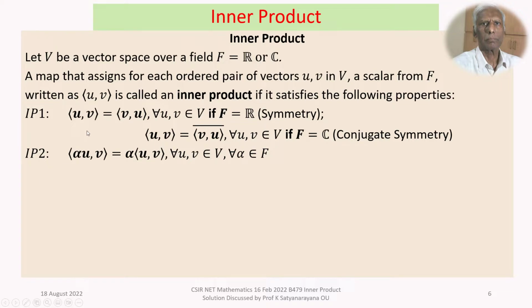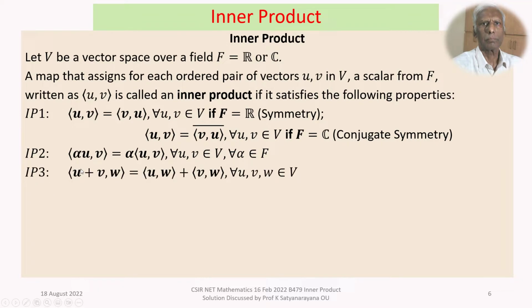Second property, bracket alpha u comma v is equal to alpha times bracket u comma v for all u, v belongs to V, for all alpha belongs to F. It is called the homogeneity of the inner product.